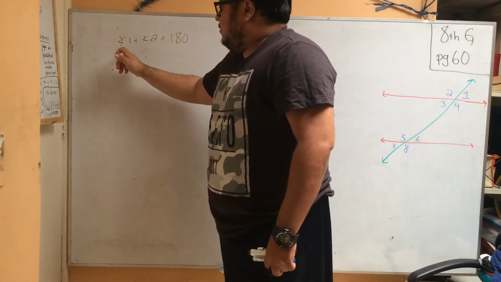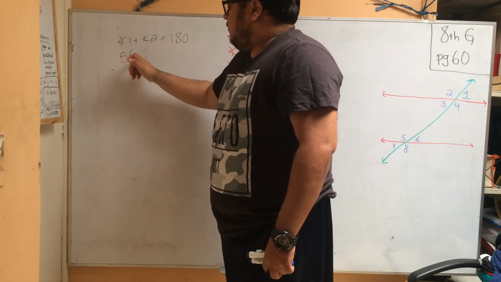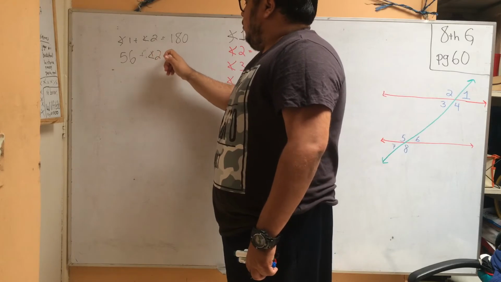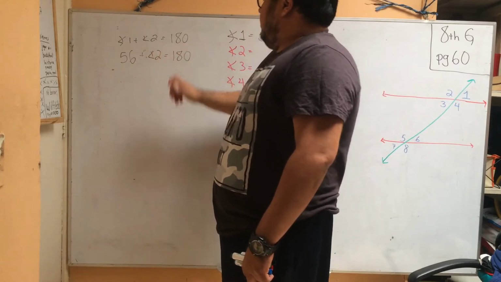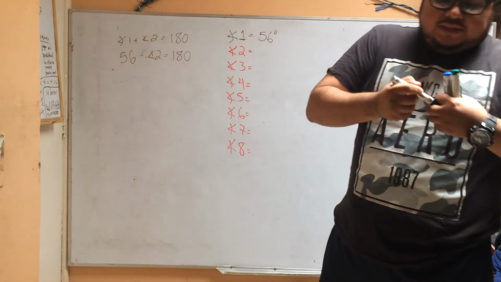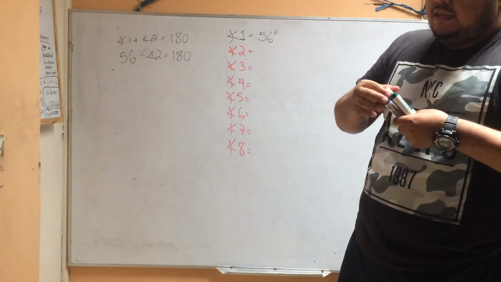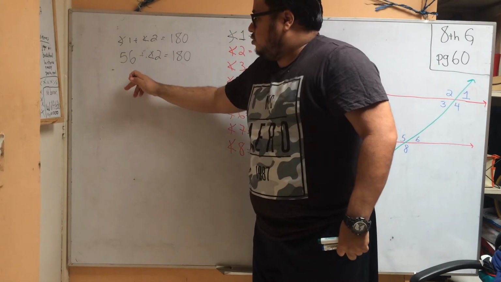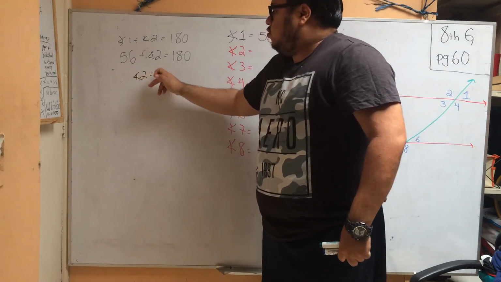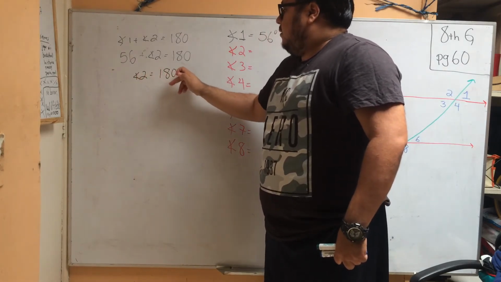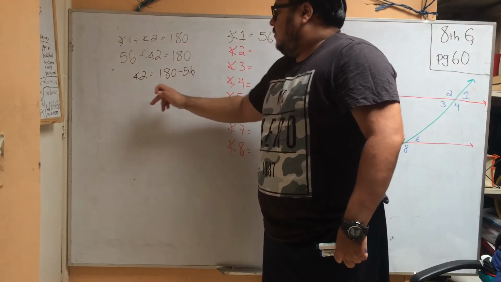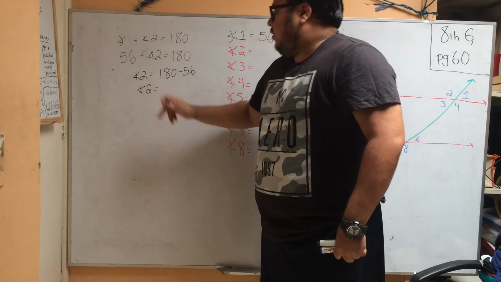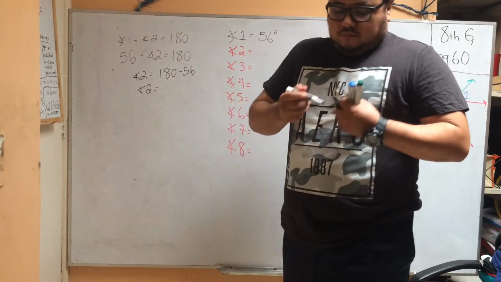Angle 1 is 56, angle 2 we don't know, and the addition of both of these angles is 180. That means that we can solve. Angle 2 is equal to 180 minus 56.